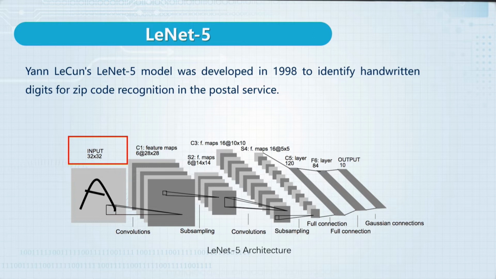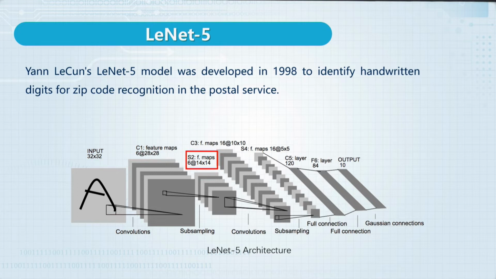The input for LeNet-5 is a 32 times 32 grayscale image, which passes through the first convolution layer with 6 feature maps of filters having size 5 times 5 and a stride of 1. The image dimensions change from 32 times 32 times 1 to 28 times 28 times 6.